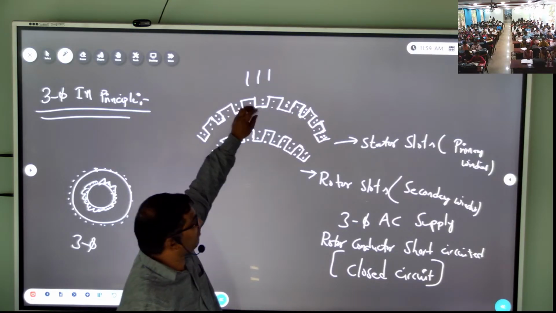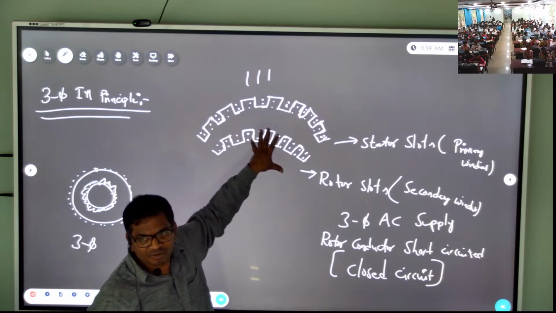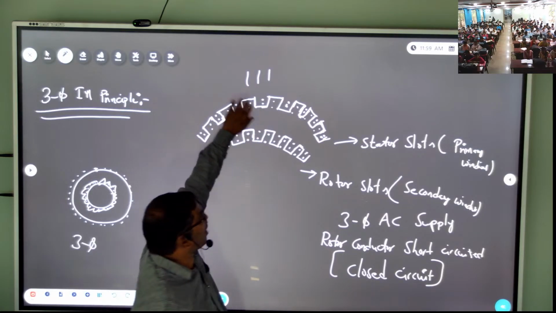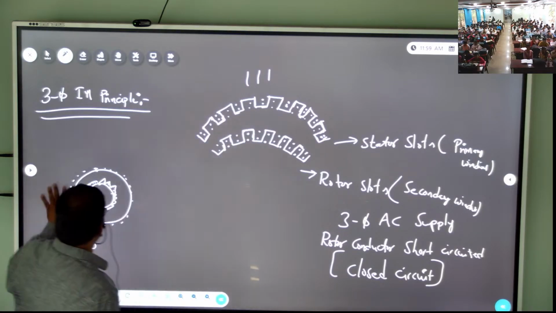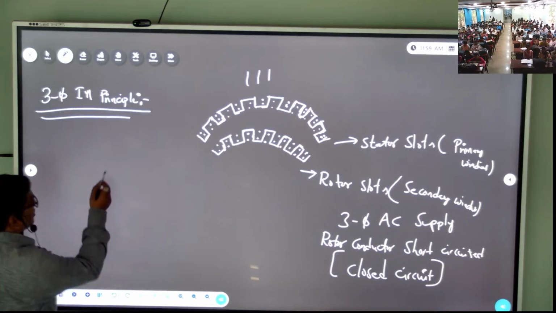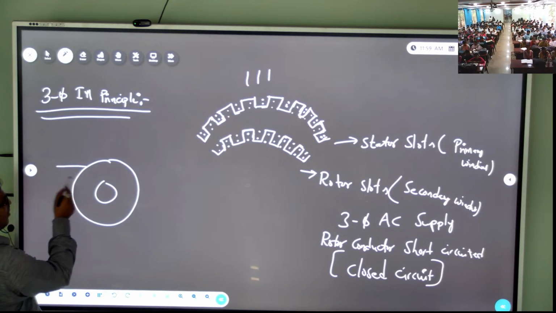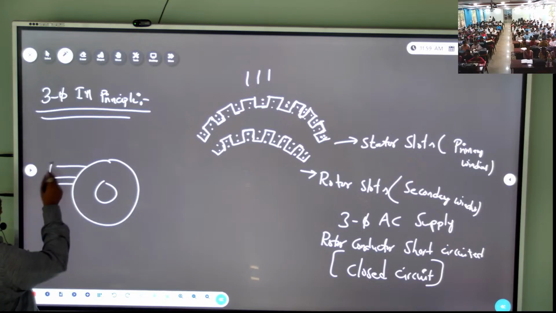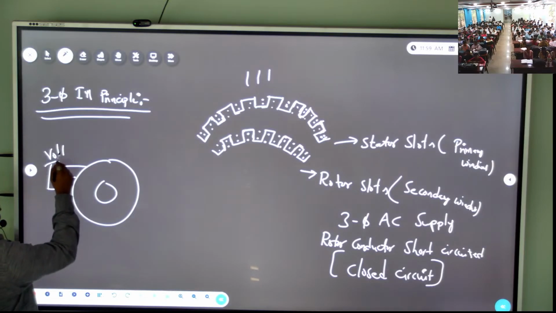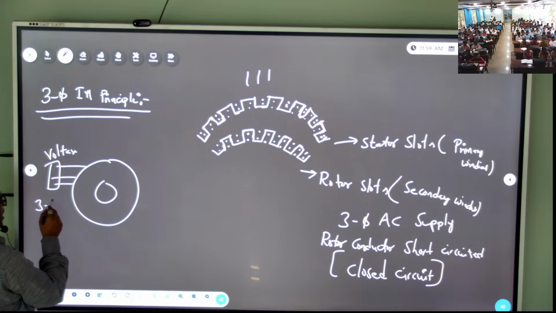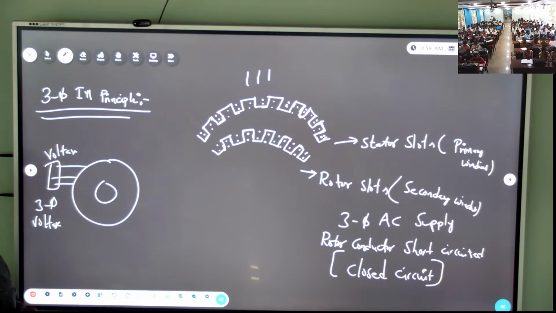It's a motor, so I have to apply the voltage. You understand now? This is the stator, and this is the rotor. The stator has the winding, so I am connecting it to a three-phase voltage.